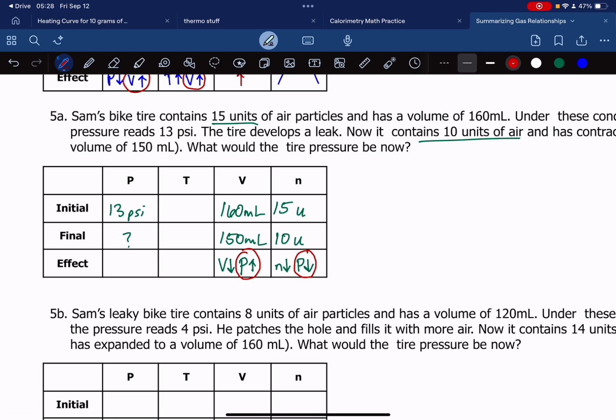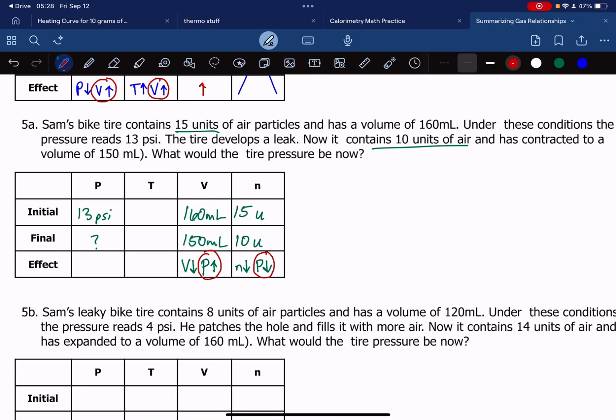This doesn't make sense. Well, it turns out that we do the math actually the exact same way that we did it before. It is okay for our two variables to disagree because one of them is going to outweigh the other, if that makes sense.